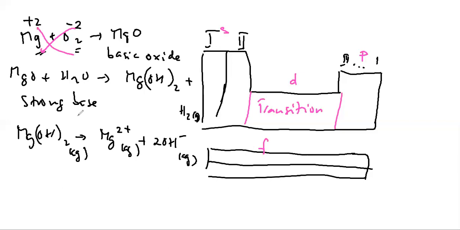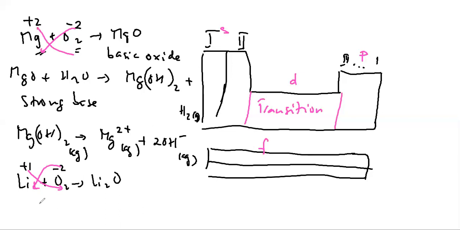We have another one. For example, Li plus O2 gives Li2O. Again, because lithium is in group 1 and oxygen is 2-, we just change the numbers diagonally, so Li receives 2 from oxygen and oxygen receives 1 from lithium, and then I have Li2O.